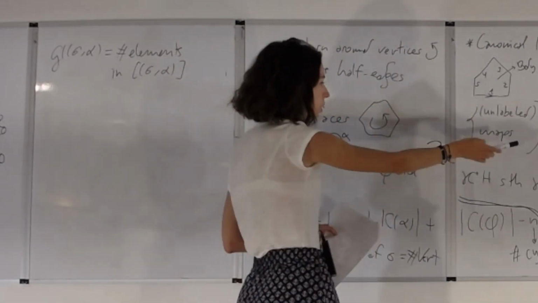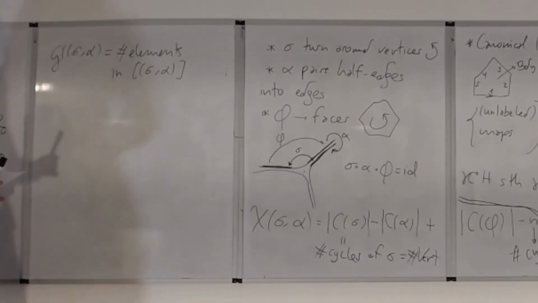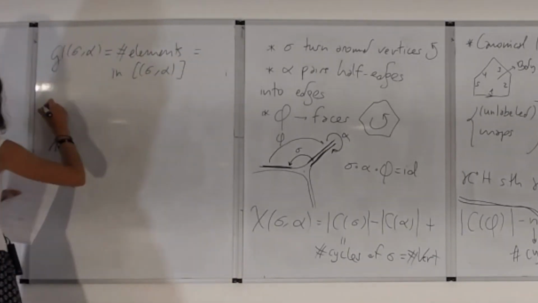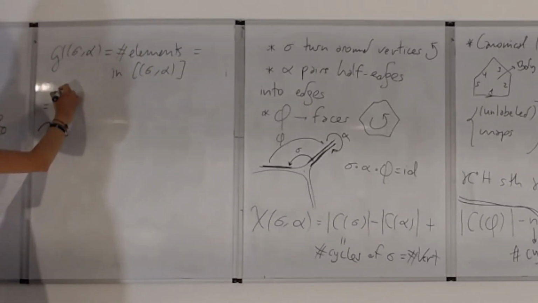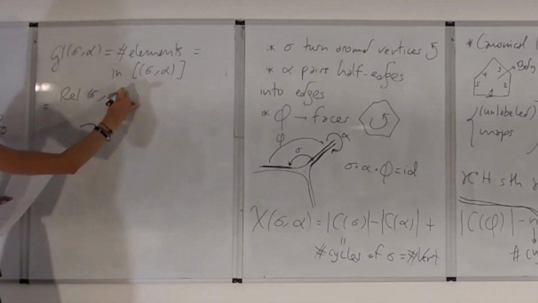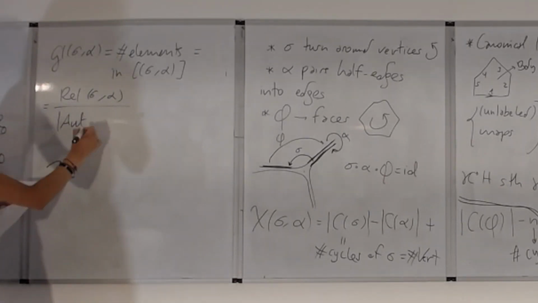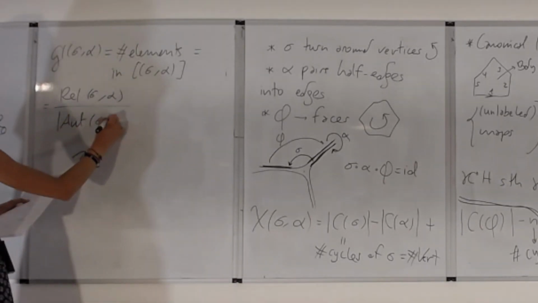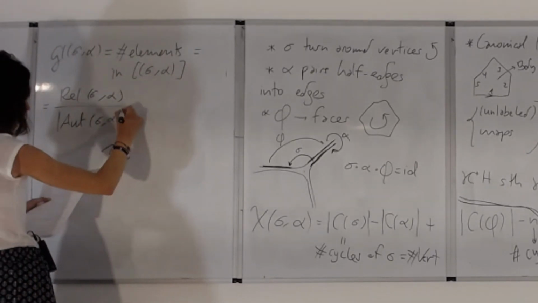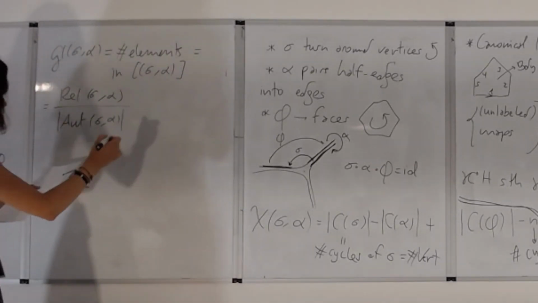So the class is in one-to-one correspondence to maps. This is just given by the number of relabelings over the number of automorphisms. And this is just group theory, actually. It's the orbit-stabilizer theorem. But it's very intuitive.